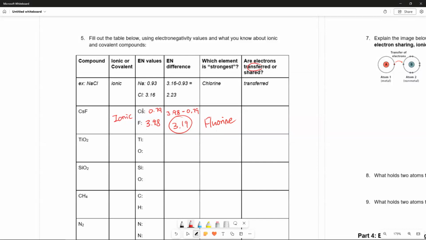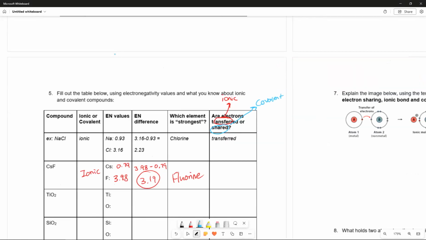All right, and are electrons transferred or shared? So a key thing to remember here, that if electrons are transferred, they're going to be ionic. If electrons are shared, they're going to be covalent. And the easiest way to remember this is to think about the word covalent. So valent, what does that make you think of?